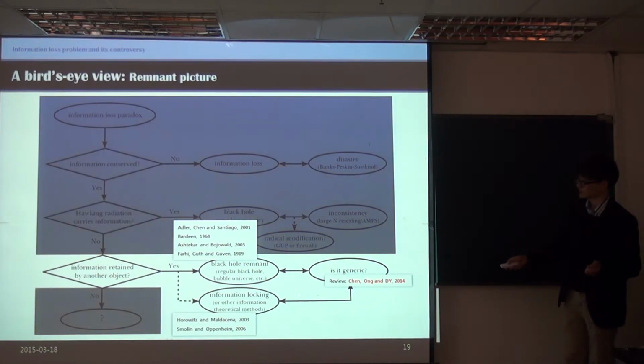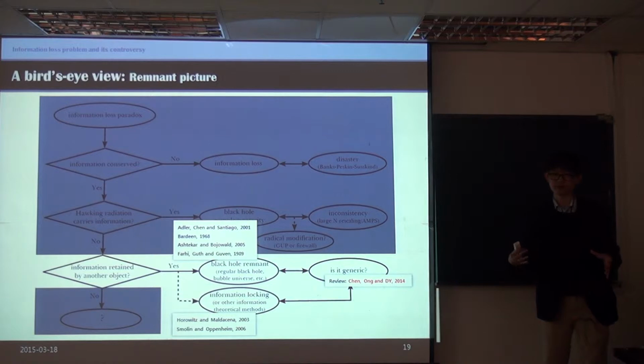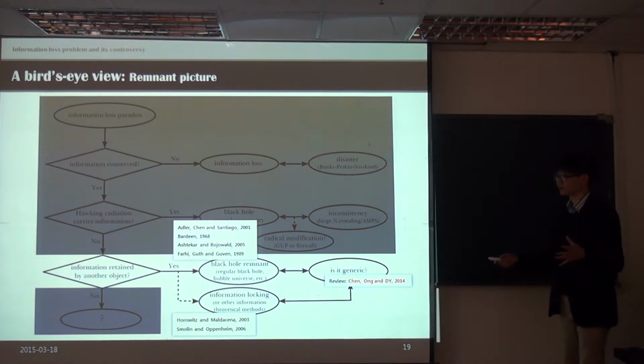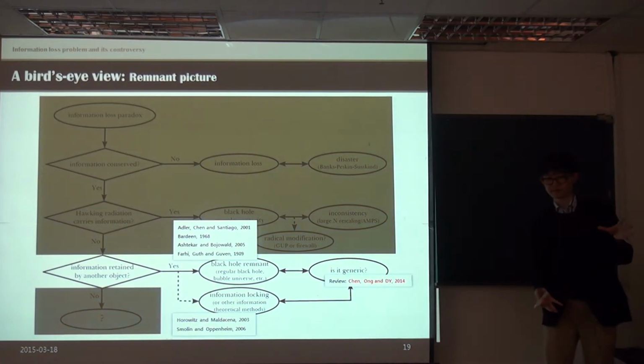Or there are other ways, for example, by using some detailed quantum entanglements between ingoing Hawking radiation and outgoing Hawking radiation, or by assuming some detailed information-theoretic things inside the black hole.